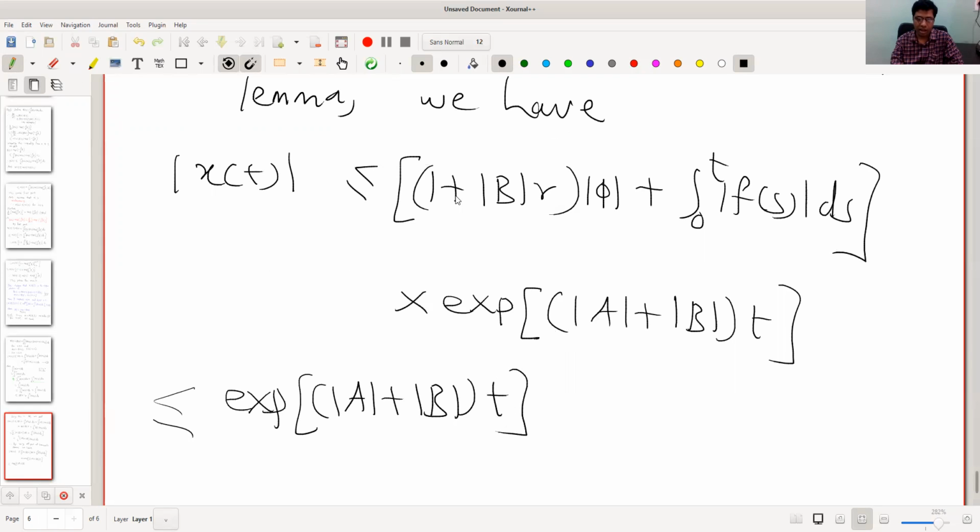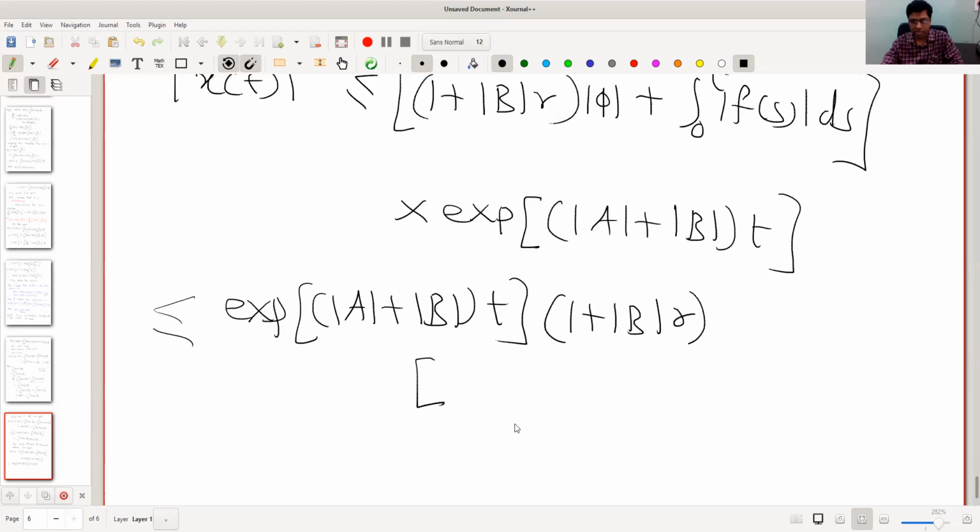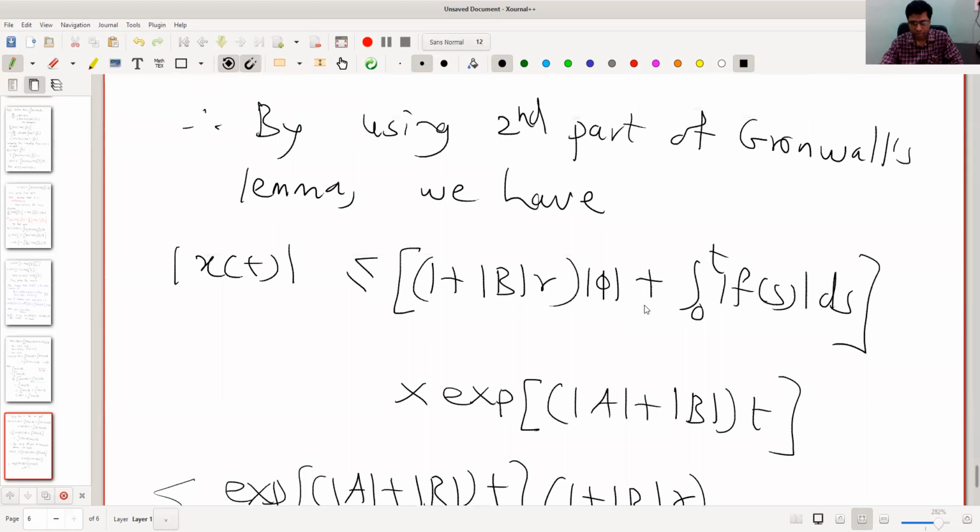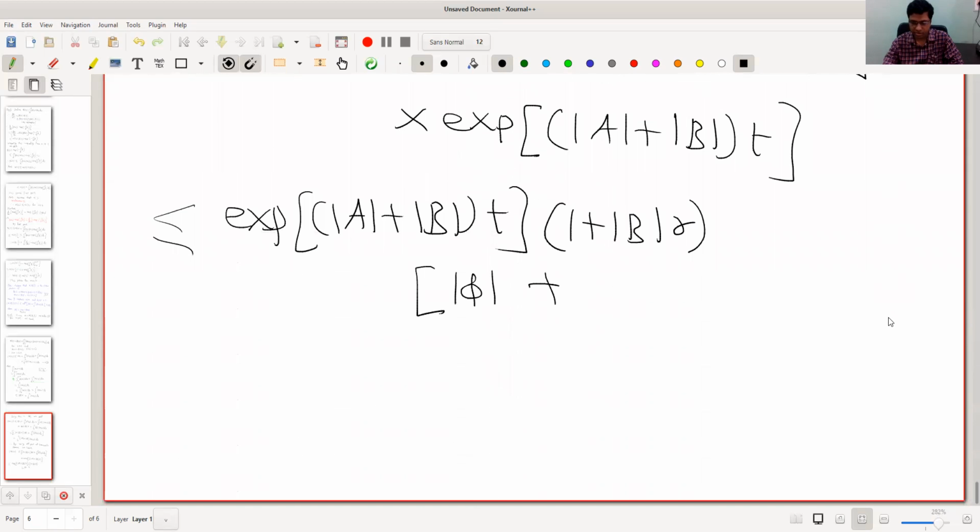I'm taking this common, that is 1 plus mod B r, in bracket this is mod phi plus this integral 0 to t mod f of s ds.